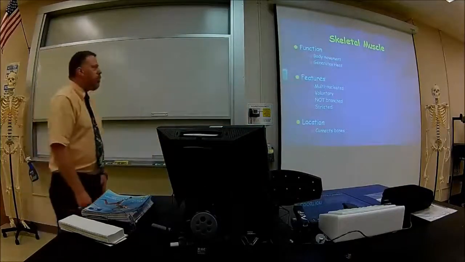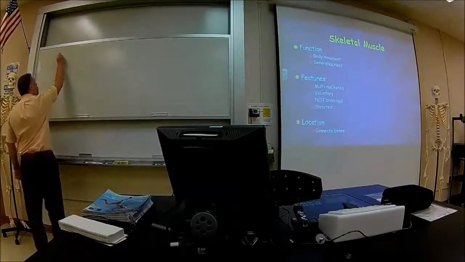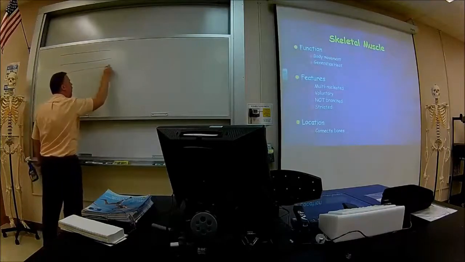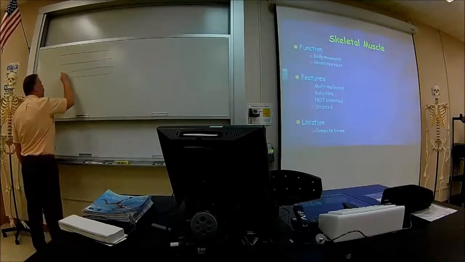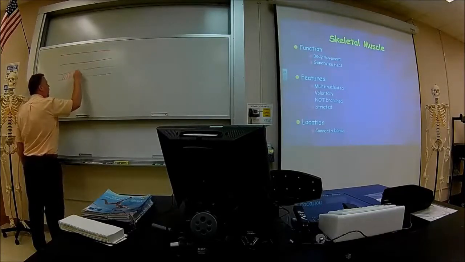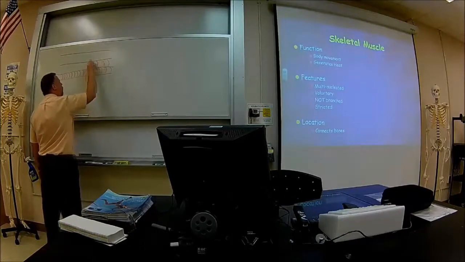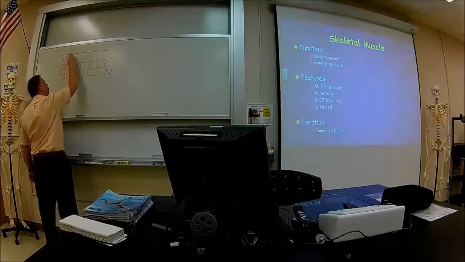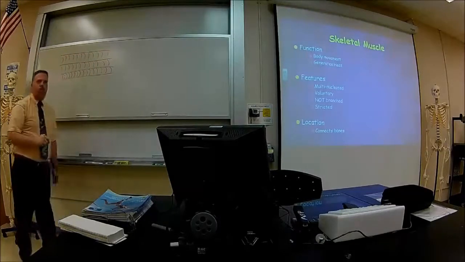Skeletal muscle is muscle that's very long, and they have what we call striations. We're going to see these lines that kind of go like this. And we'll explain what that is later on, how the arrangement of the microfilaments are inside each one of those muscles.